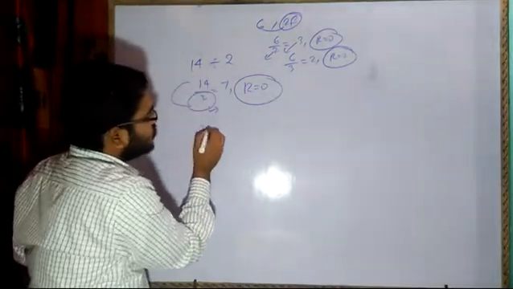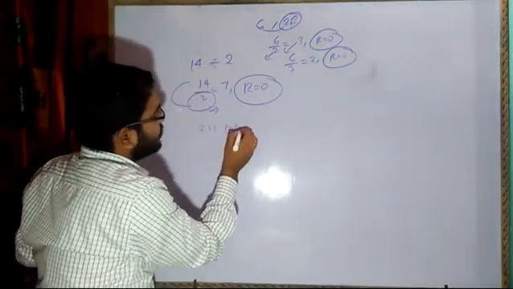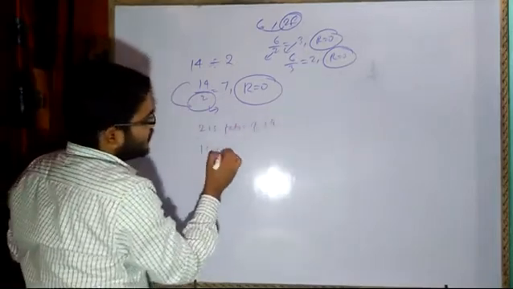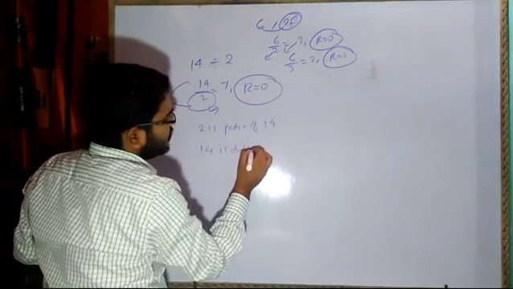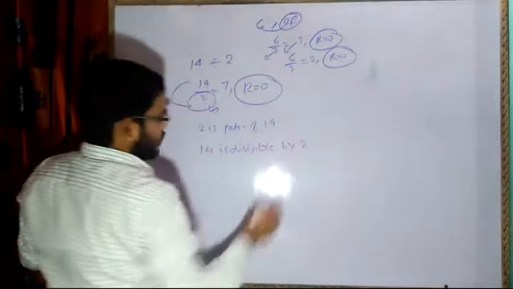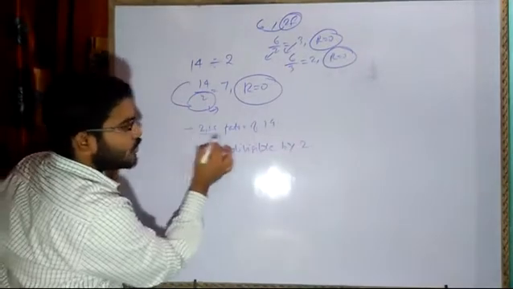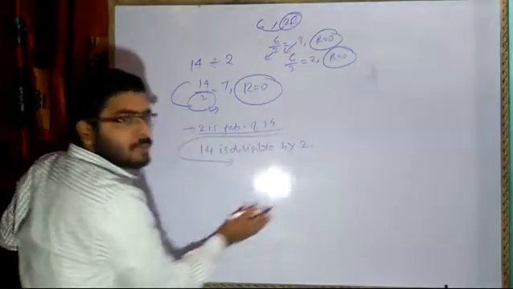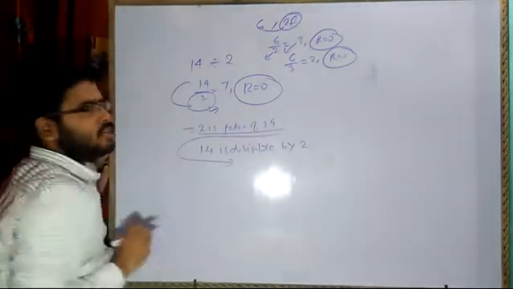Here we say 2 is a factor of 14, and in the opposite direction I write 14 is divisible by 2. What is the difference? Divisible by 2 means remainder is equal to 0.